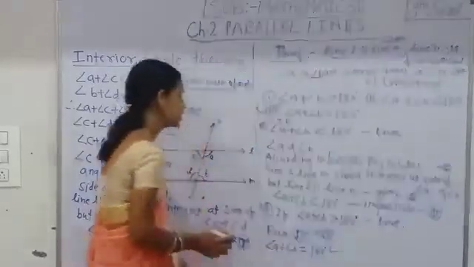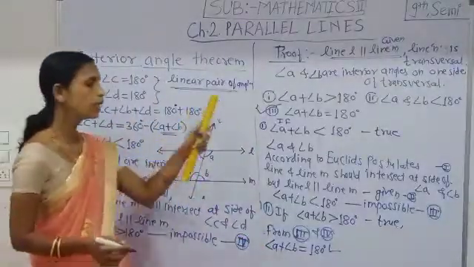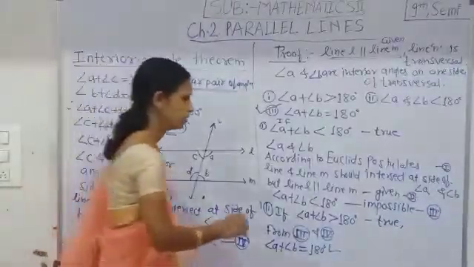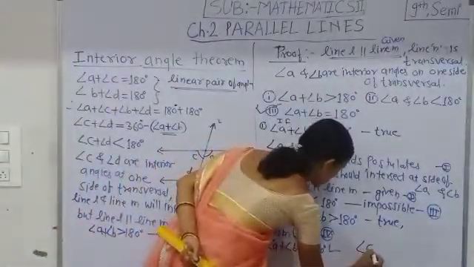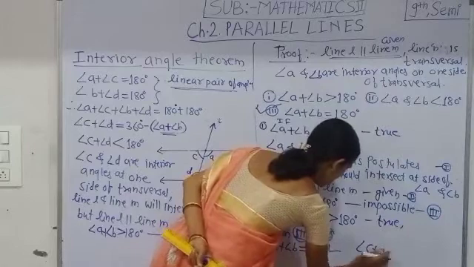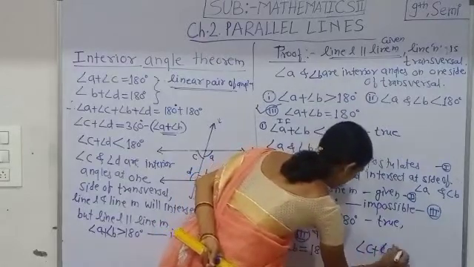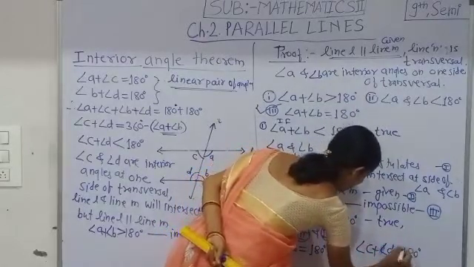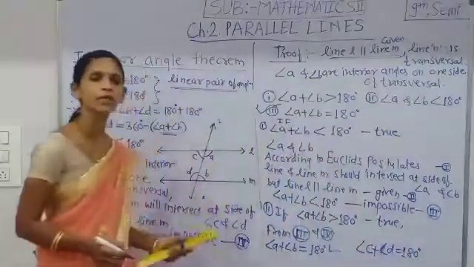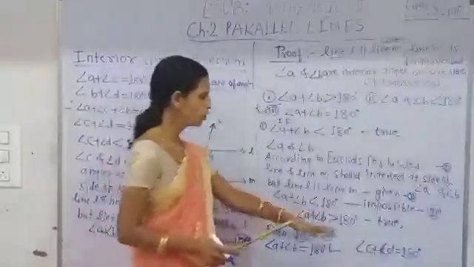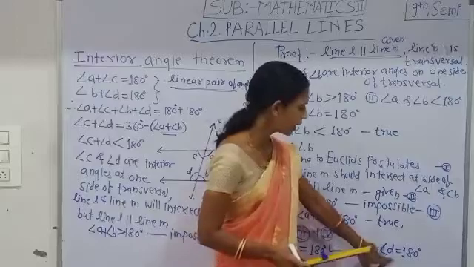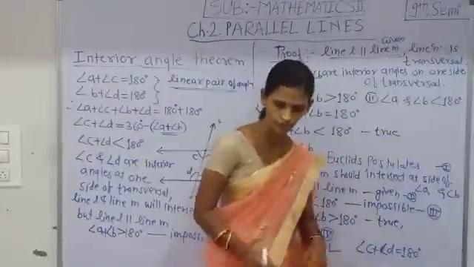That means that is proved by the indirect method, and we can prove that angle C plus angle D is equal to 180 degrees. Similarly, the same method is used to prove that angle C and angle D are also supplementary.